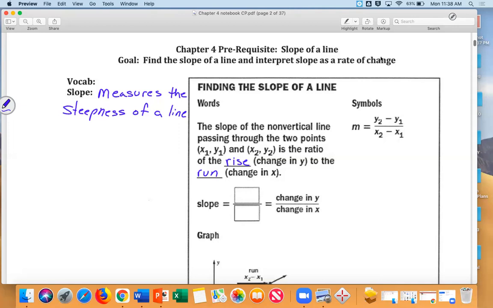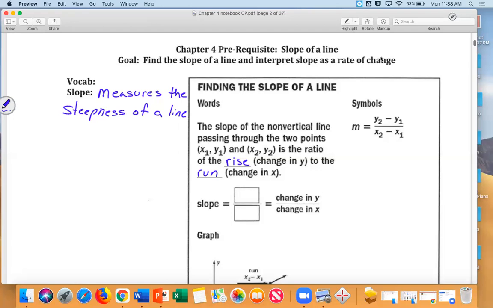So slope is the change in rise. How quickly do you go up, over how long does it happen? So Louis, when you're talking about down, it's only part of slope. It depends on how quickly you go down. If you go down gradually, not a big deal.